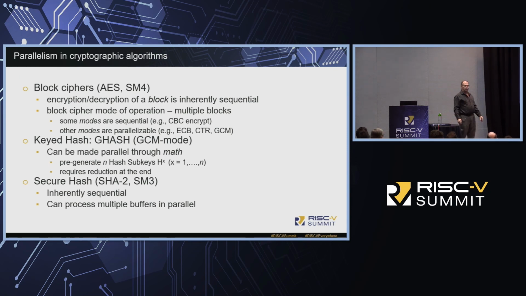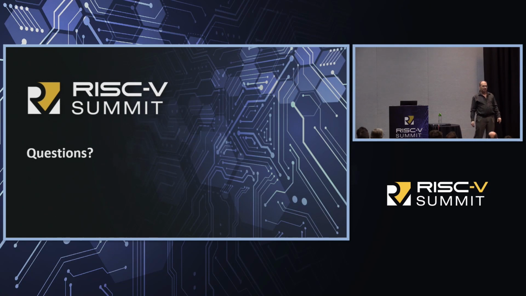So, are there any questions? Yes? Do you have any support for asymmetric functions, like in RISC-V? No, not currently. Maybe, Rich. Yeah, we're not currently supporting any sort of asymmetric that may come under the post-quantum.